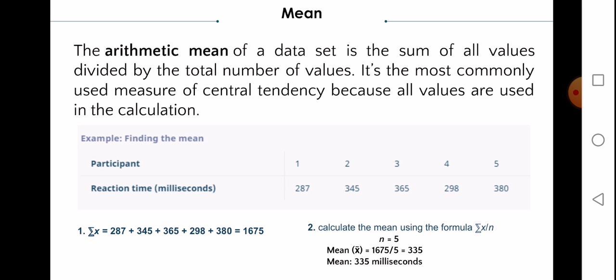And then you calculate the mean using the formula. So there are five values in the data set. So n is equal to 5 while mean is equal to 1675 divided by 5, that is equal to 335. So we have a mean of 335 milliseconds.